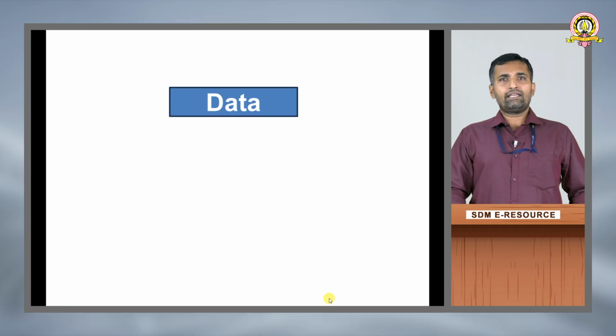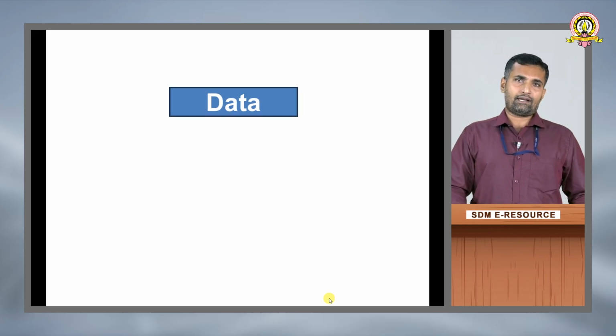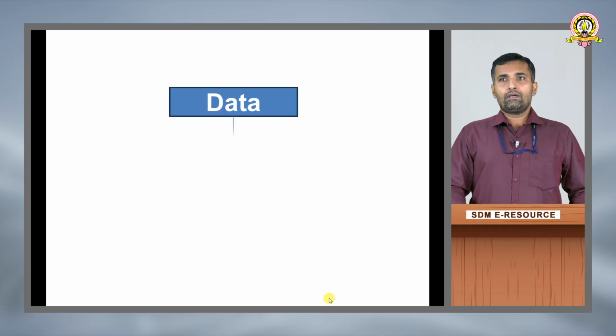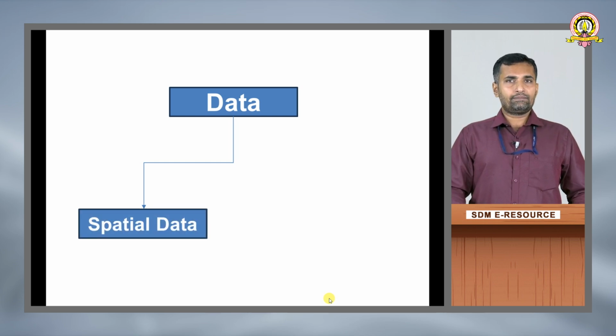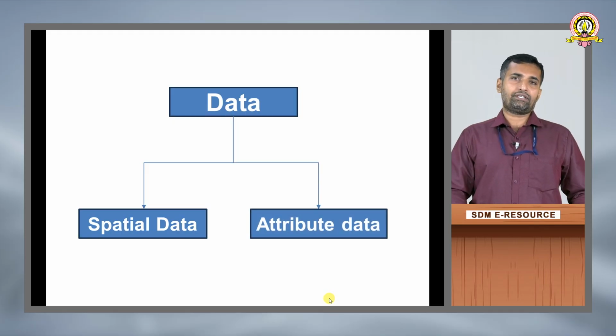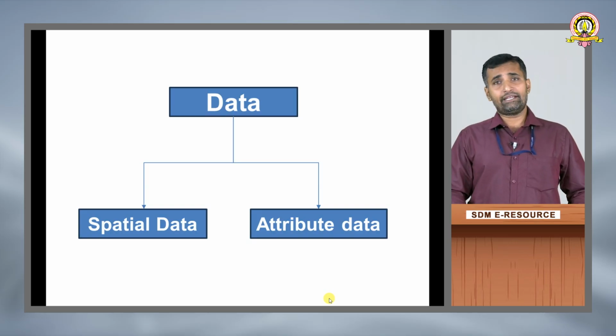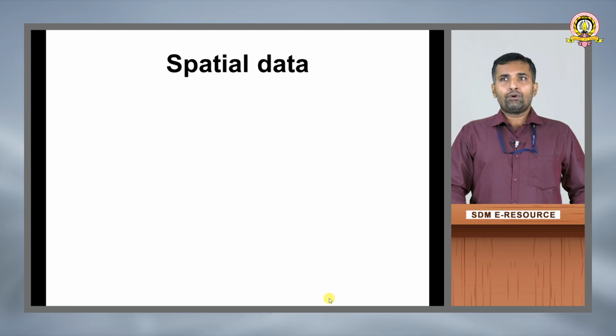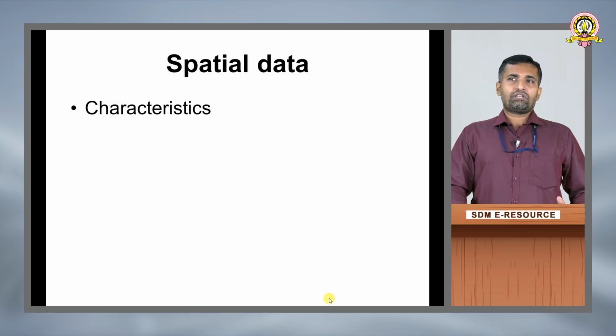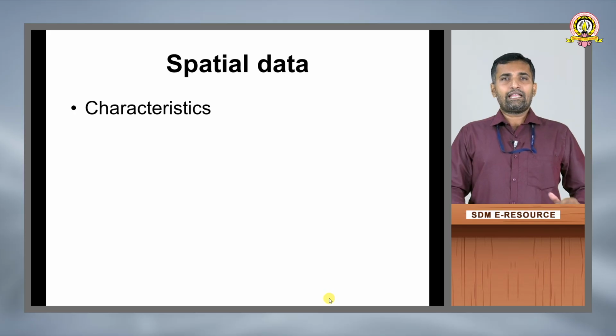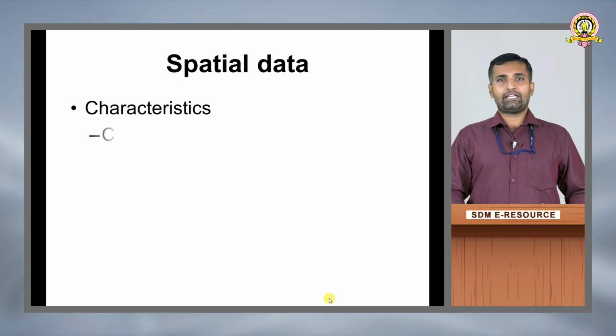What is data? There are 2 important types of data in GIS. The data may be the spatial data, or some information about the spatial data, which we call non-spatial or attribute data. These 2 are important data in a GIS. Very important in GIS is spatial data. They can be expressed in the XYZ space.